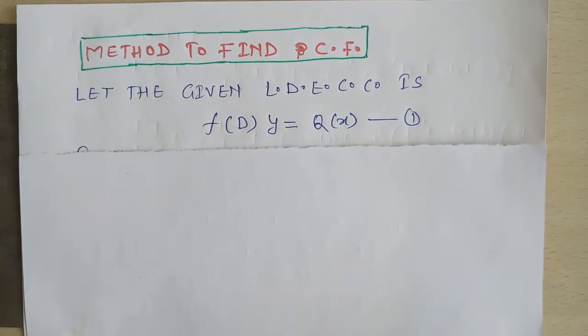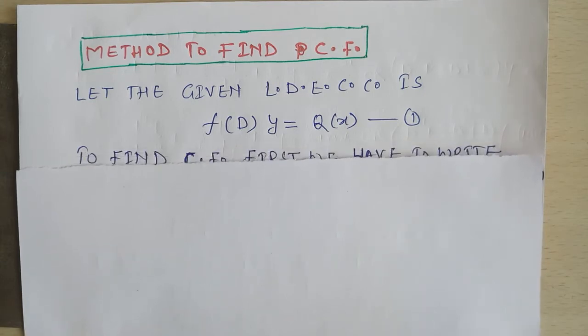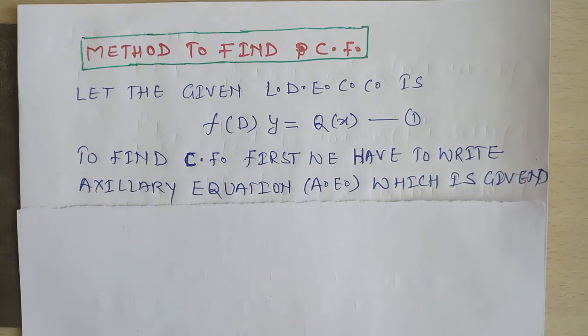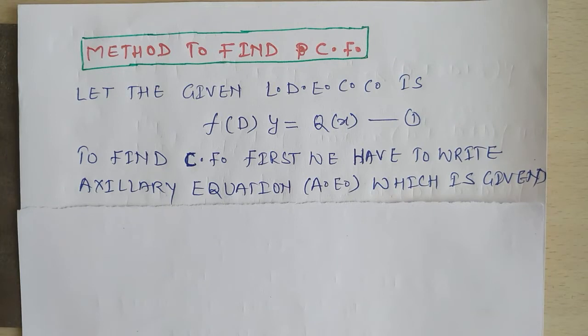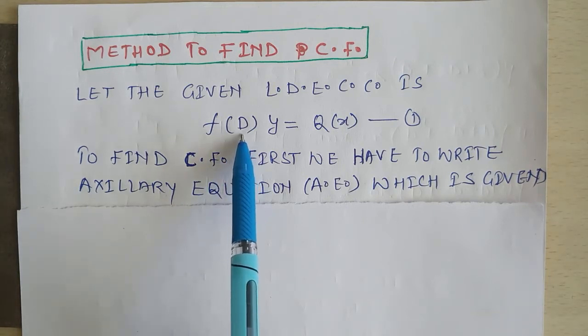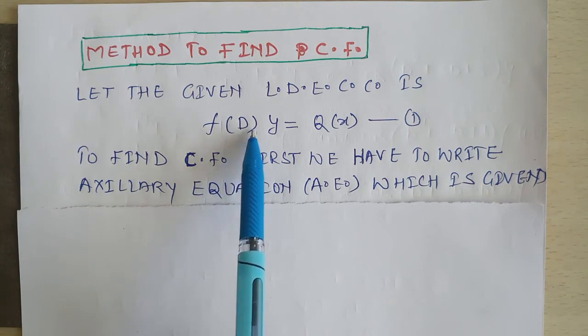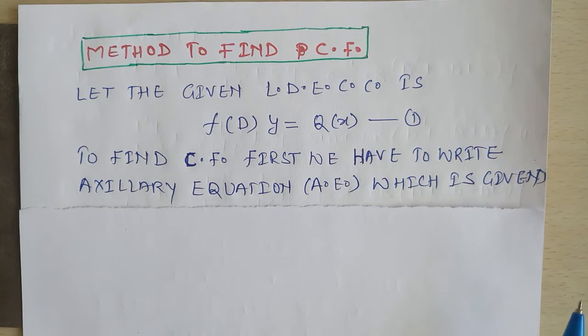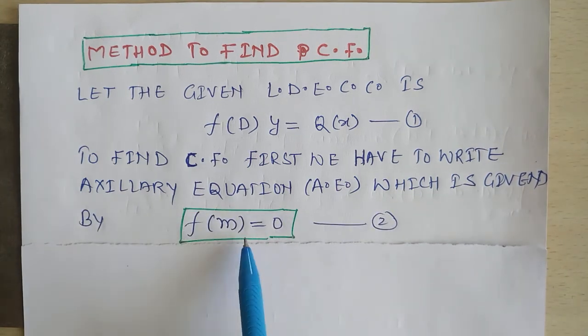Then to find the complementary function, to find CF, we write the auxiliary equation. It can be obtained by replacing D by m in this f(D) expression and putting it equal to 0.